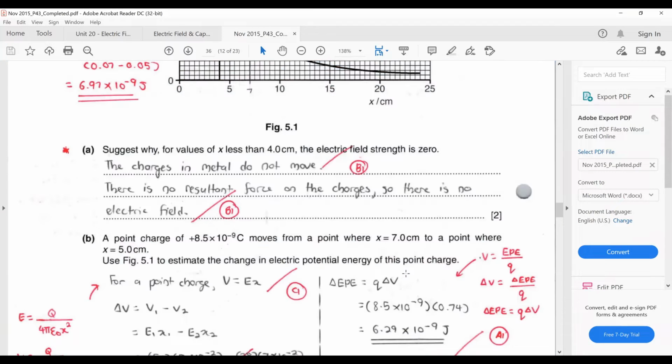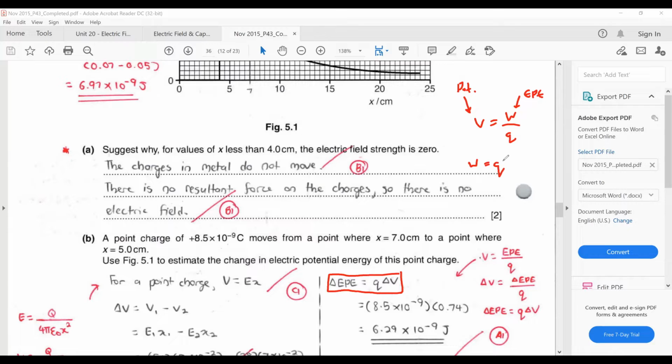I mentioned to you one useful equation to know for change in electric potential energy. In your notes, I wrote that potential is W over Q, right? Sorry, this one is potential. This one is EPE.